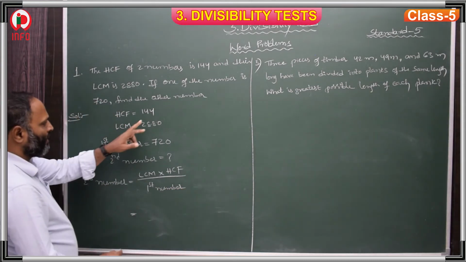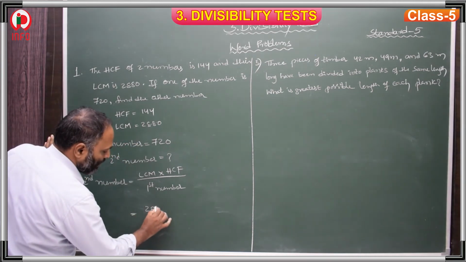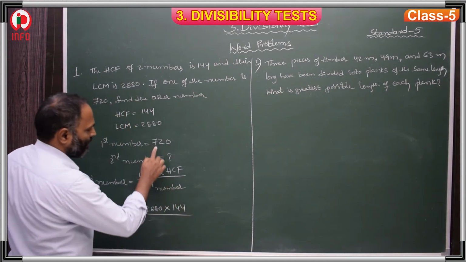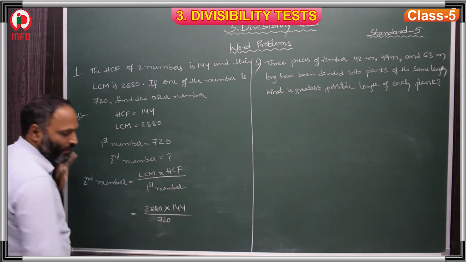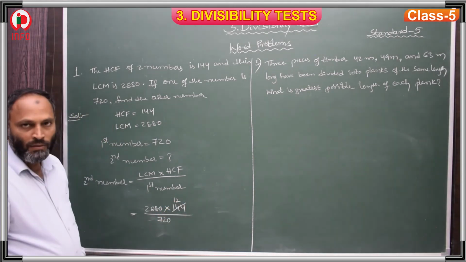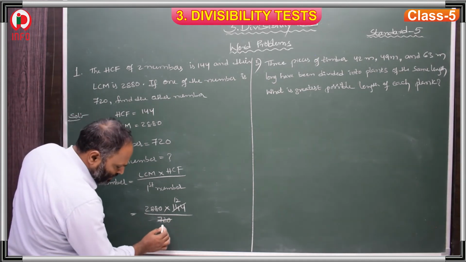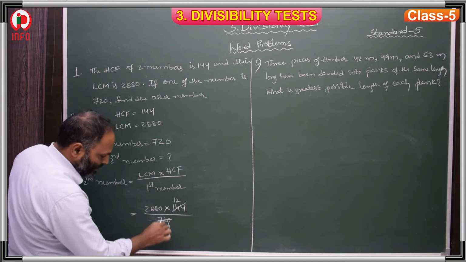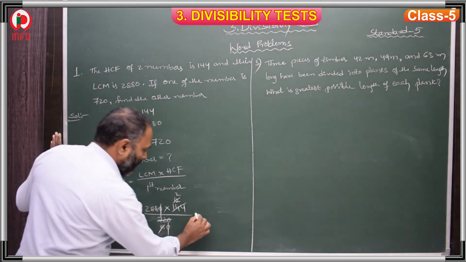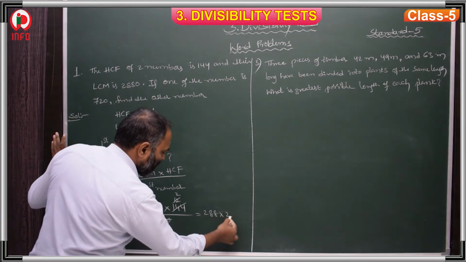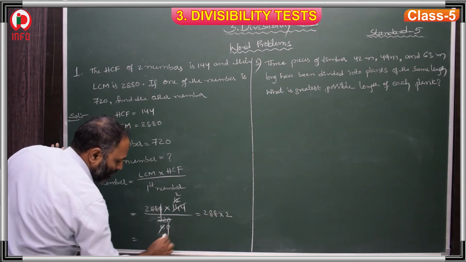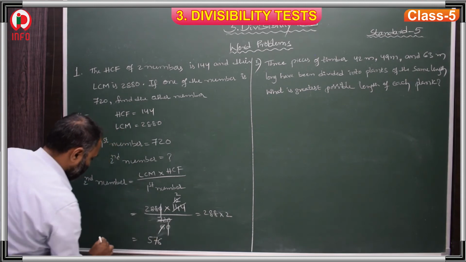LCM is 2880 into HCF 144 divided by 720. 12 twelves are 144, 12 sixes are 72. This 0 cancels, 6 ones are 6, 2s cancel. 288 multiplied by 2: 2 eights are 16, 2 eights are 16 plus 1 is 17, 576.